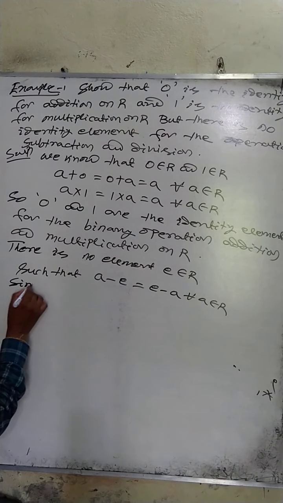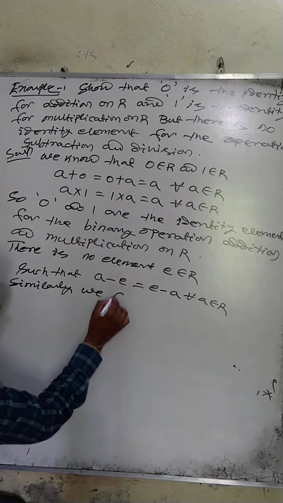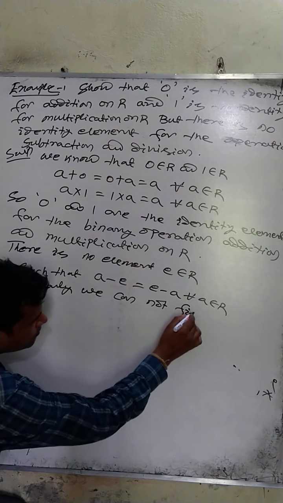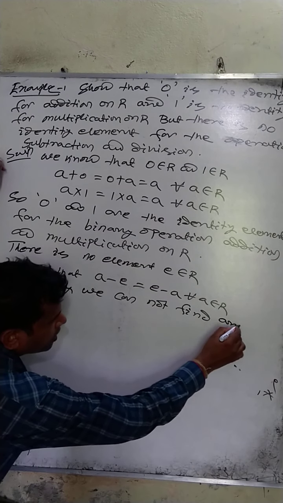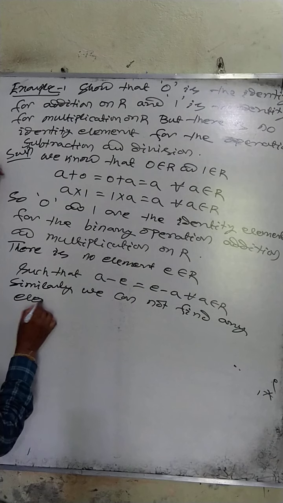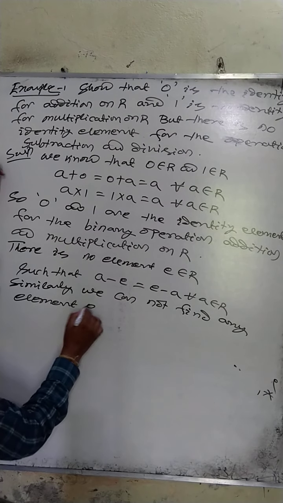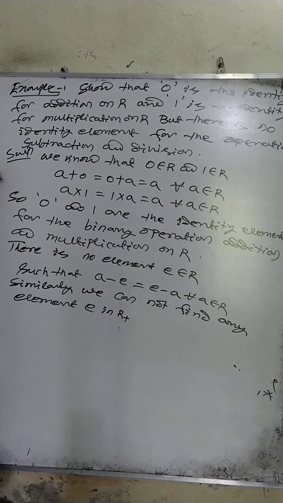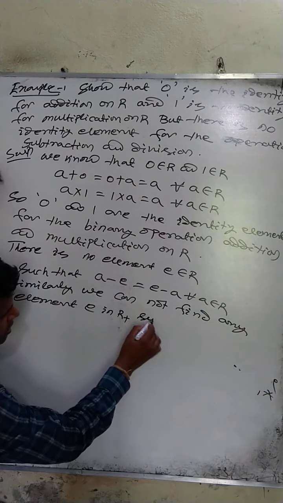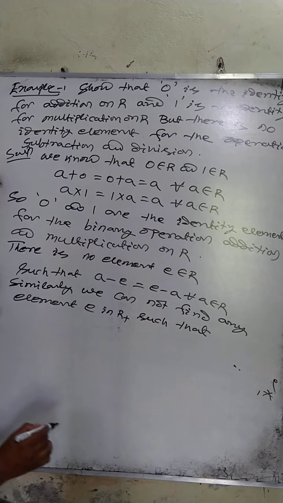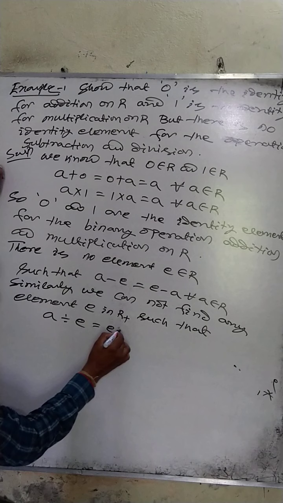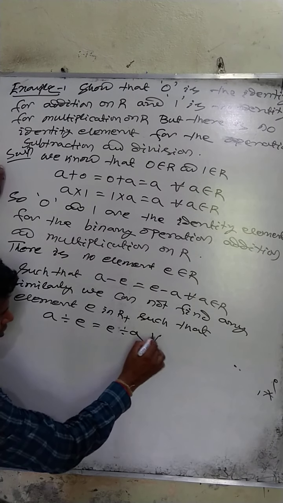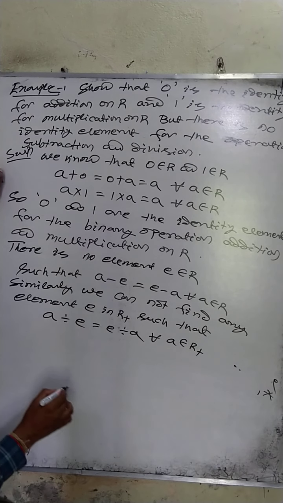Similarly, we cannot find any element e in R plus, the positive real numbers, such that a divided by e equals e divided by a for all a belongs to R plus.